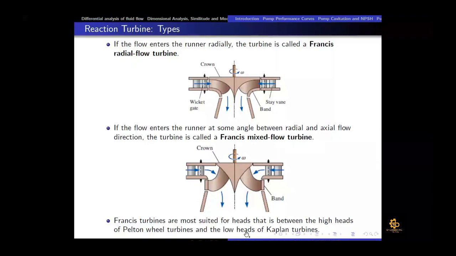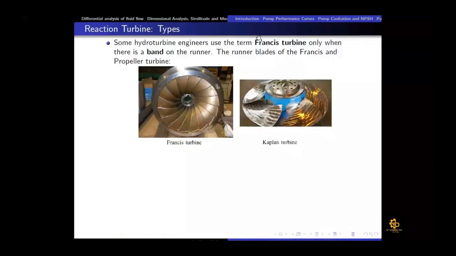And then some hydro turbine engineers use the term Francis turbine only when there is a band on the runner, which is the figure on the left hand side. So engineers usually call it a Francis turbine when we have a ring surrounding the blade. If there is no ring, then we call it a kind of Kaplan turbine.